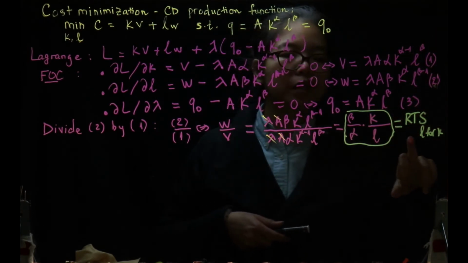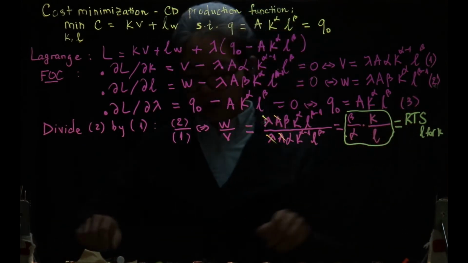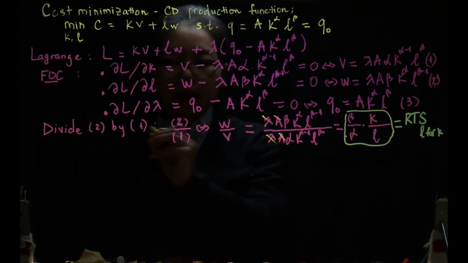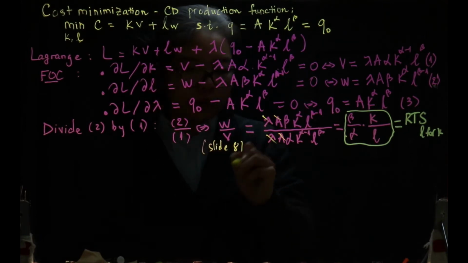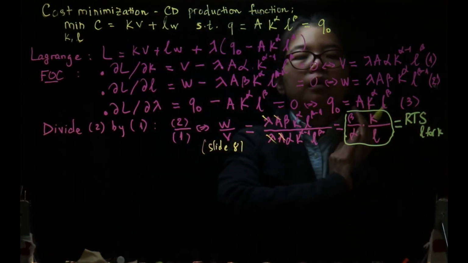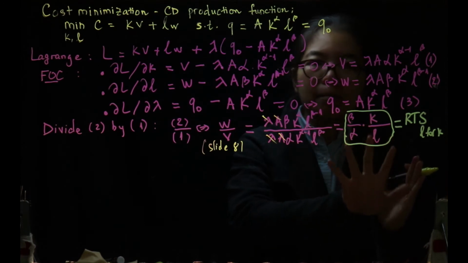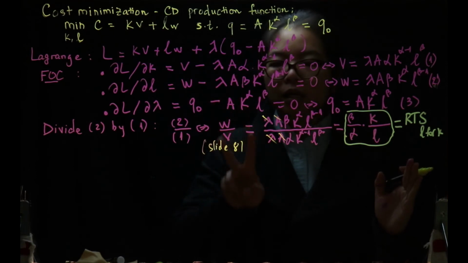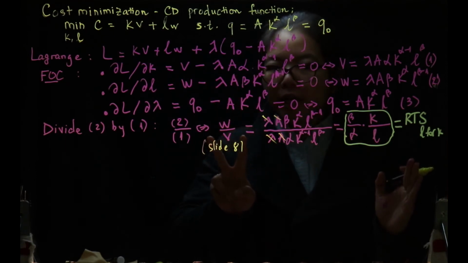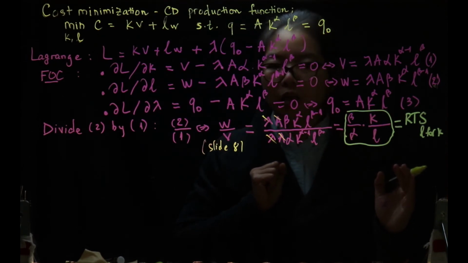In that case, you have the RTS of K for L. And here is what was said on slide 8: the RTS, the marginal rate of technical substitution, which is determined by the production function that the firm adopted, must be equal to the rate of the market price by which the input is traded or exchanged on the market.